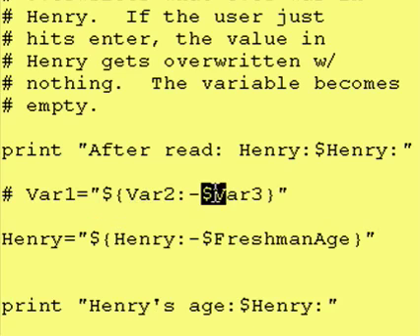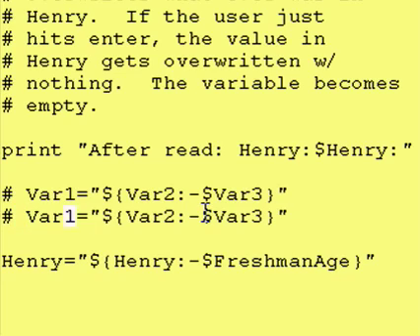In this example I used a dollar sign variable. However, you could have just used a literal string, like quote, 52, quote. Just to make that clear, I'll put that in right now.